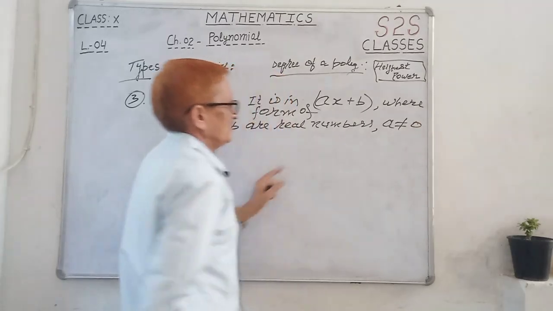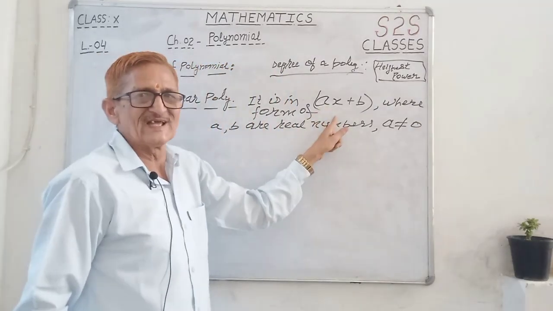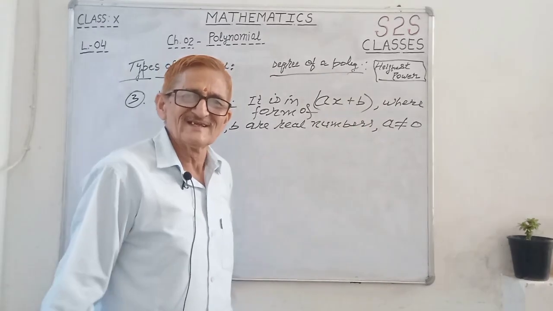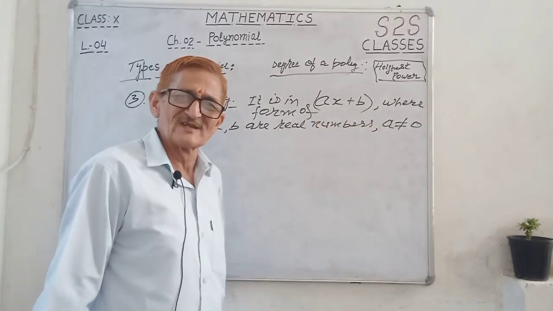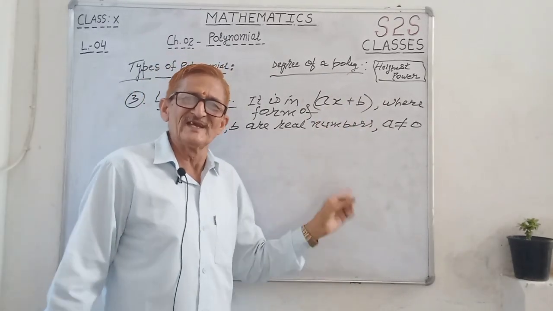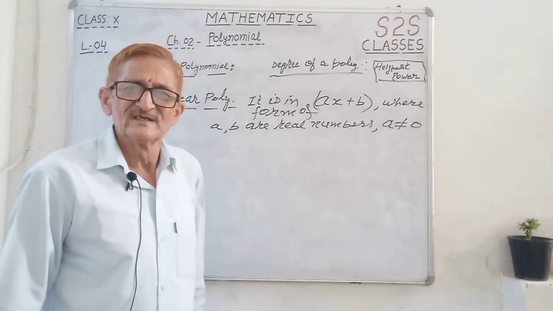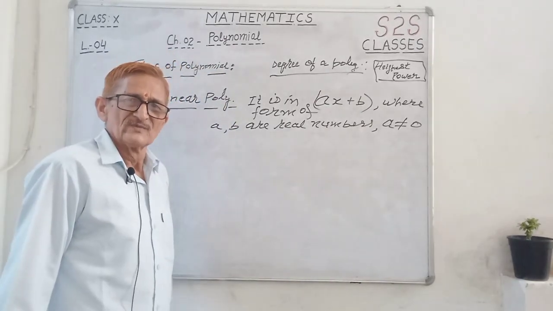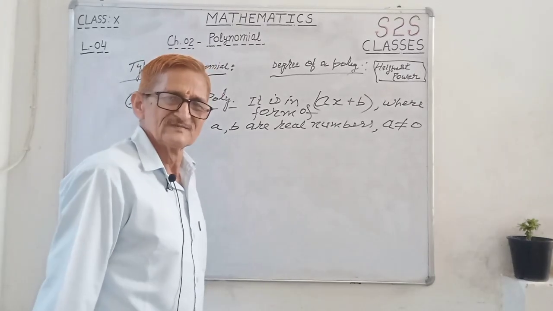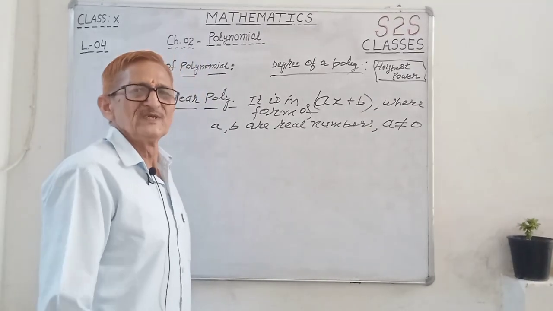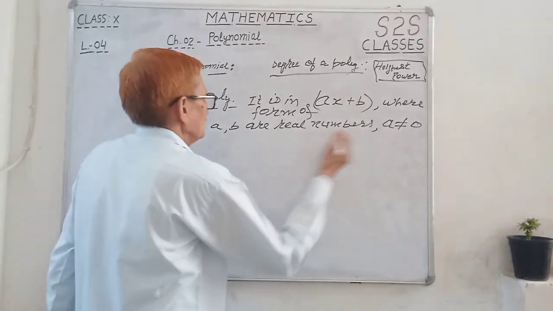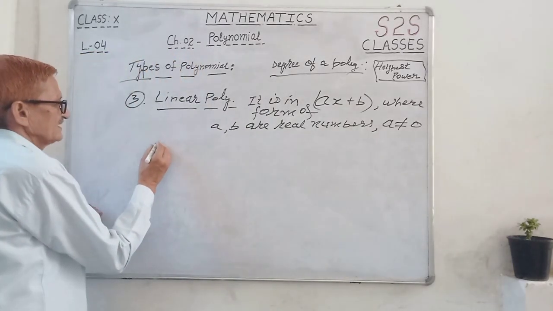Why? Because if a is 0, then 0 into x, the x will finish, only plus b, only a constant, that will be a constant polynomial. So for the linear polynomial, ax plus b is the general form and a should not be 0. b may be 0. a and b are any real numbers, but a should not be 0. Okay. Now example.